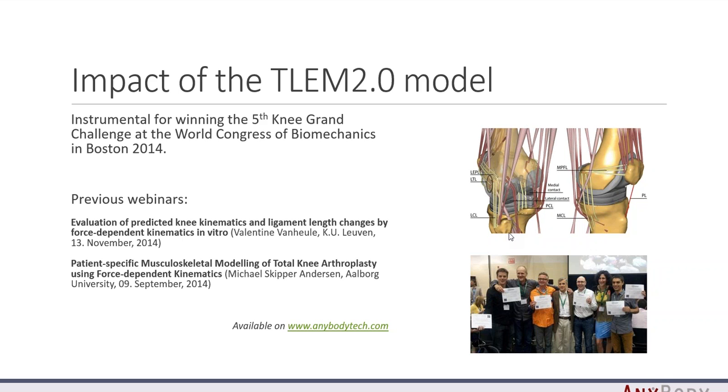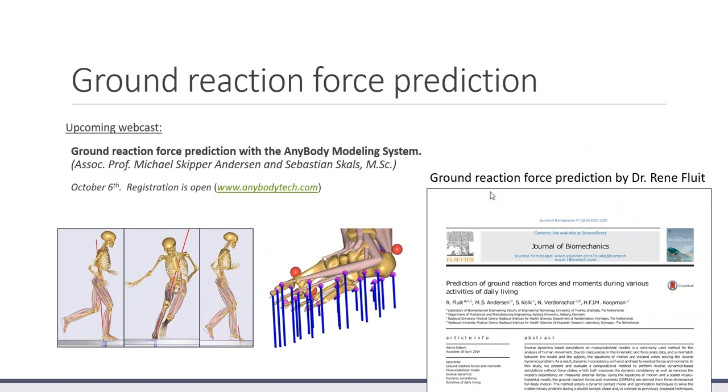And if you want to know more about this work and how it was done, I can recommend that you see these previous webcasts that we've had. One is from Valentin at Materialise, and another is from Professor Michael Skipper Andersen at Aalborg University. These webcasts are available on our website.